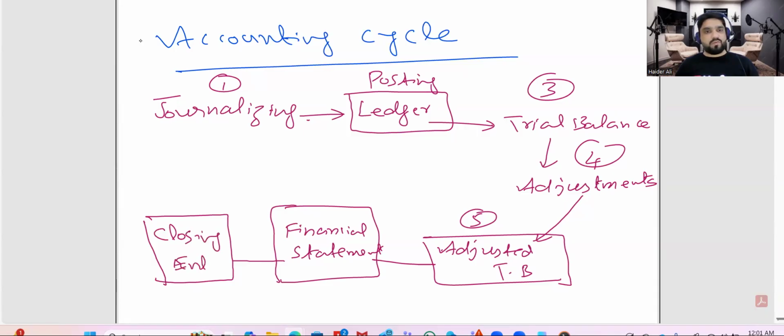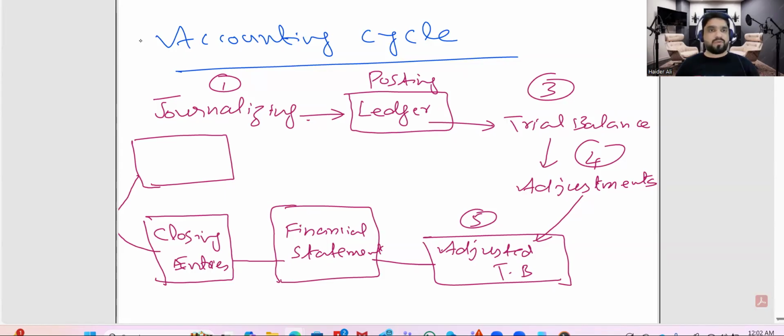Closing entries mean the temporary accounts must be closed for this period, and we carry forward to the next year only permanent accounts. Permanent accounts are the accounts which can be carried forward to the next year, for instance the assets, the liabilities, and owner's equity. Temporary accounts are revenues and expenses. They belong to one particular time period.